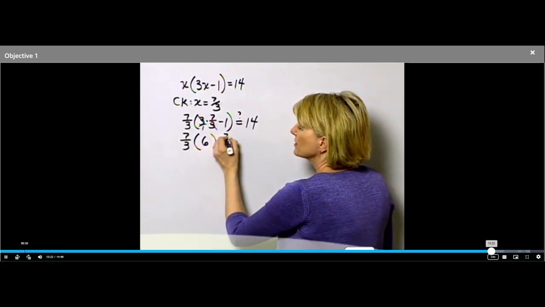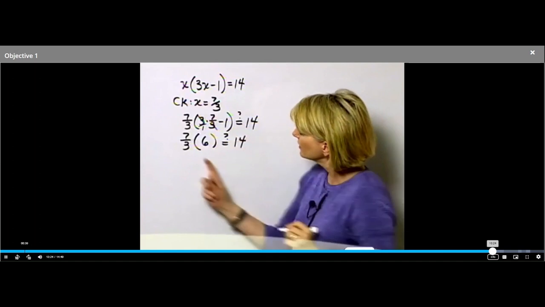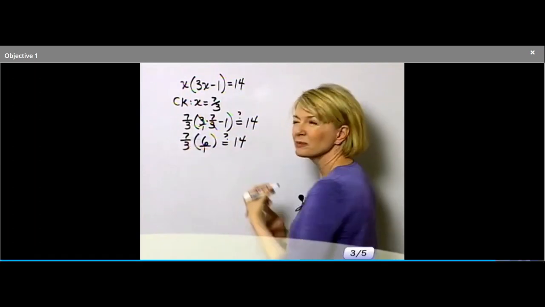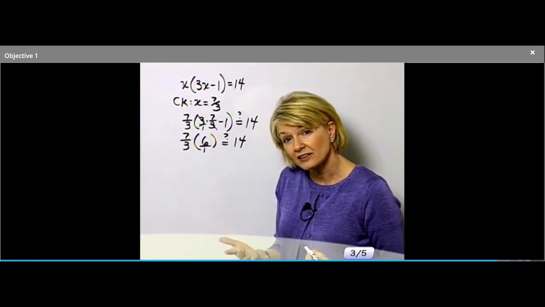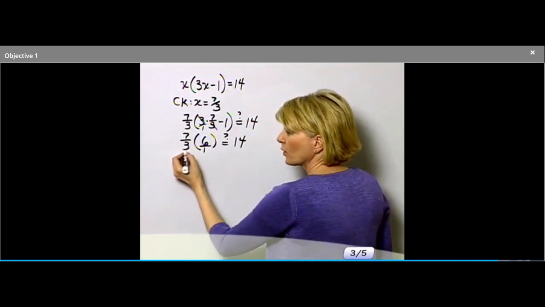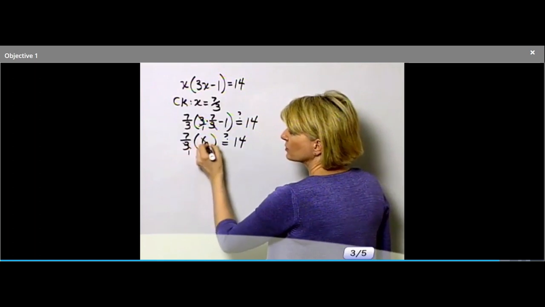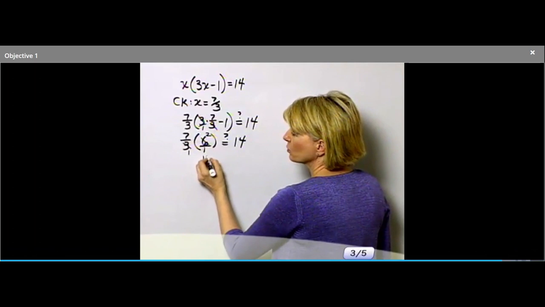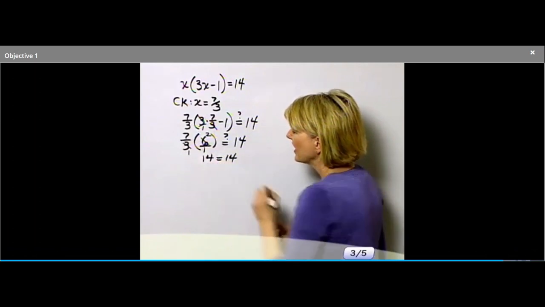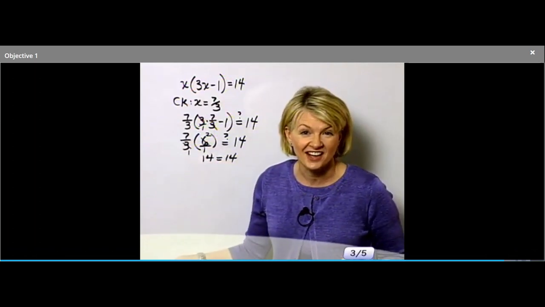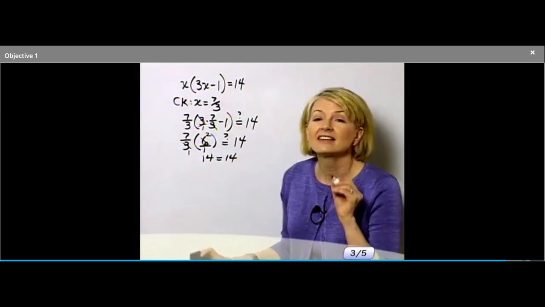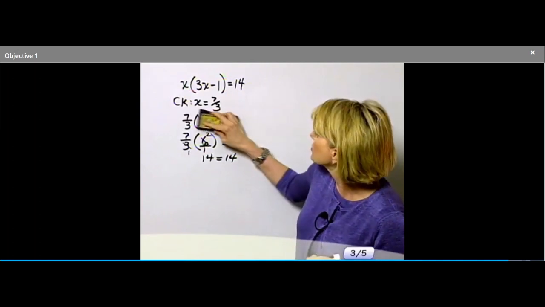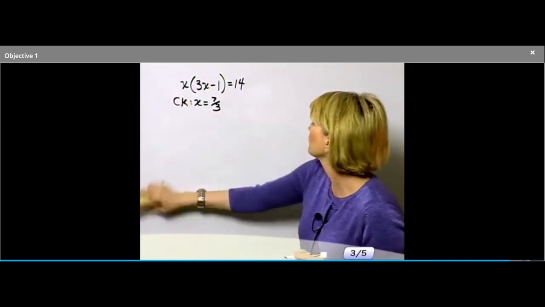That is 6. Is that equal to 14? Well, now I'm multiplying. You can multiply numerators and multiply denominators to multiply fractions, or we can see that there's a common factor of 3 here. 7 times 2 is 14. 14 over 1 is 14, and I have indeed checked. That is a true statement. 7/3 is a solution.